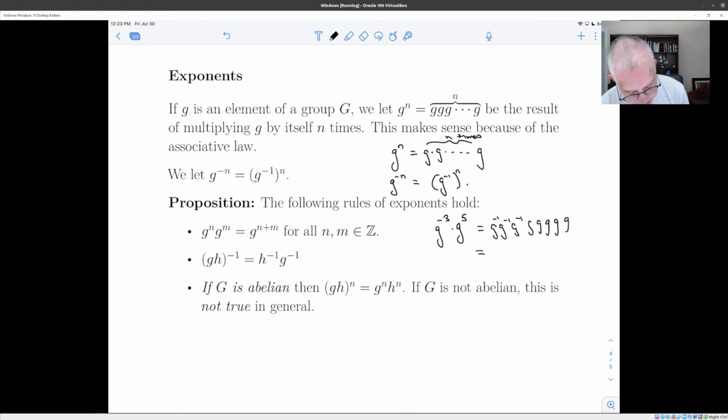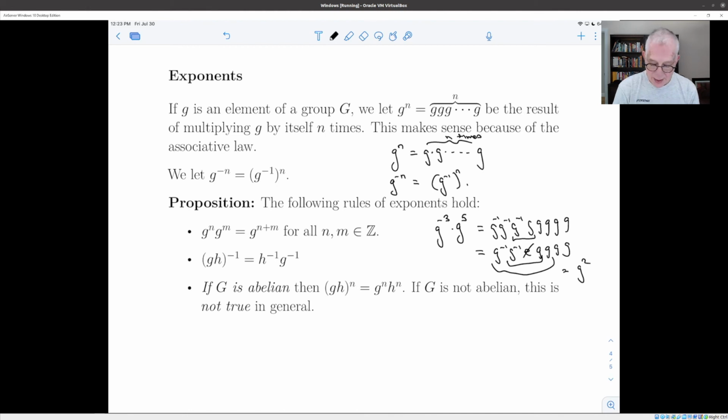Now you use the associative law. These two cancel to give the identity element. But the identity element doesn't change the product, so we can forget about it. Then these two cancel, and those two cancel, and you're just left with g squared at the end, as you would expect.